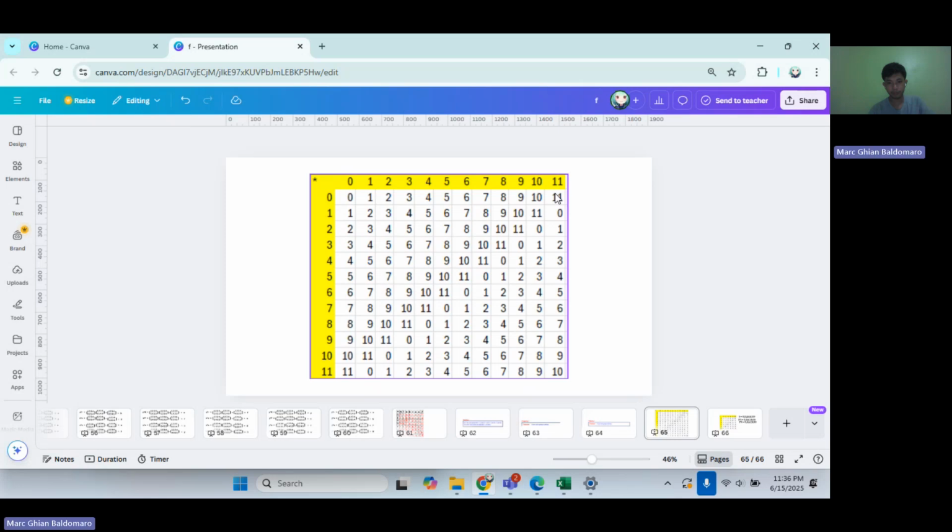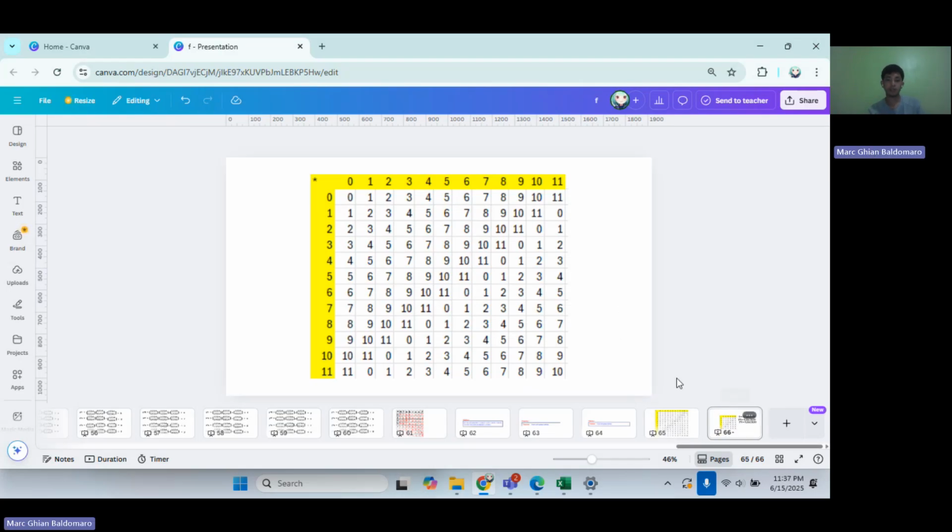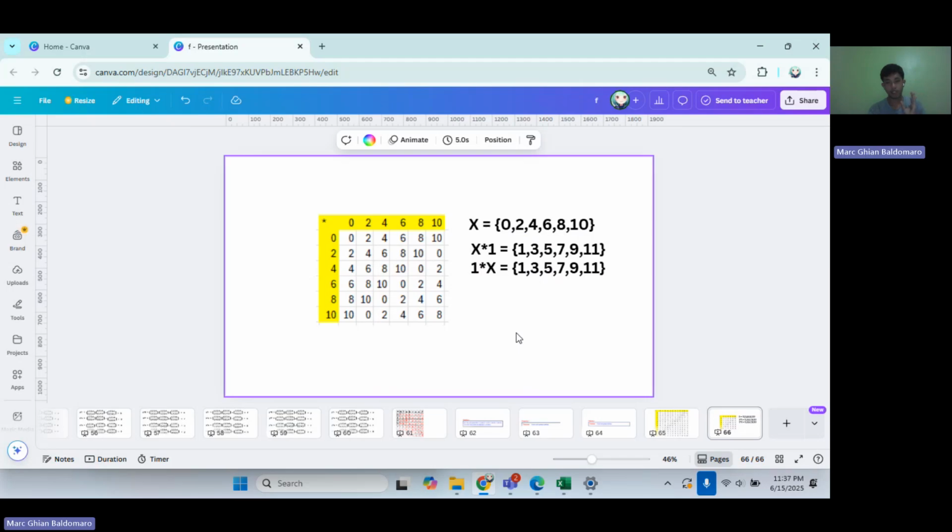Let's try 6. 6 operate 6 is 0. That means that 6 takes two operations, so the order of element 6 is 2. With this, we can say that for a cyclic group, we can find the index of each subgroup from the order of each element.